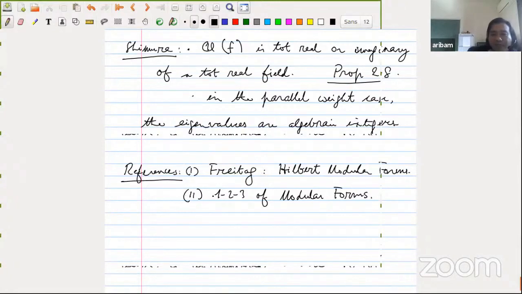It benefited me a lot. And the third one is this paper by Shimura, the 1978 Duke paper.